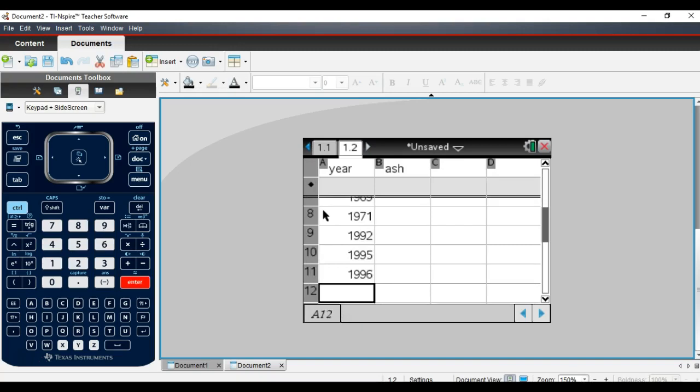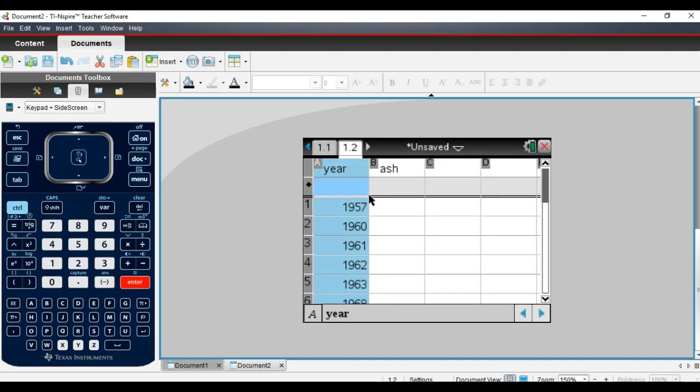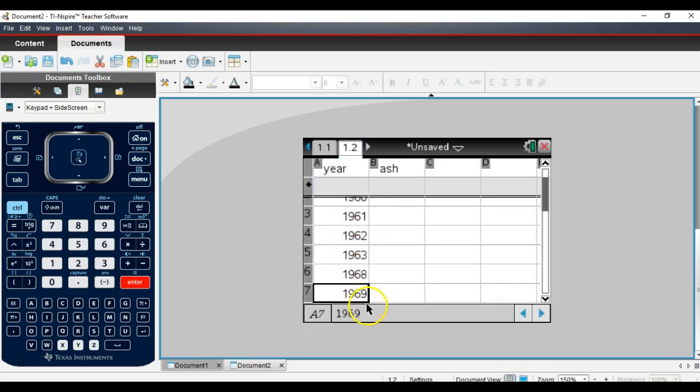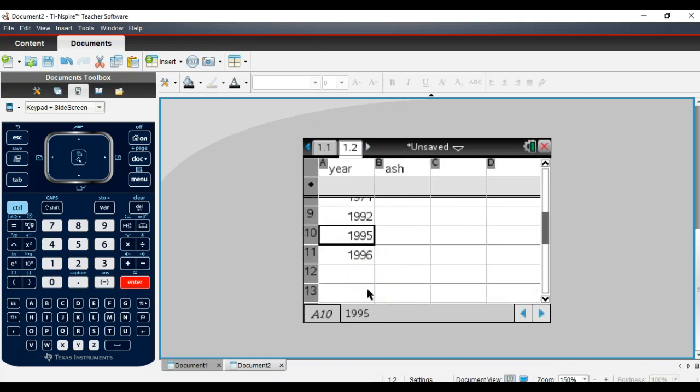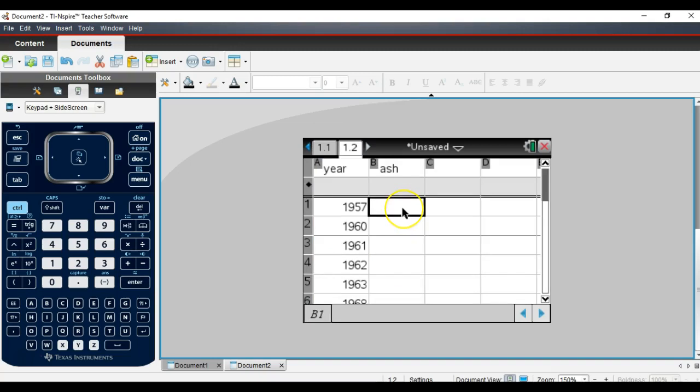So those are the 11 years. Count them: 2, 4, 6, 8, 10, 11. So it's 1957, 1960, 61, 62, 63, 68, 69, 71, 92, 95, and 96. Okay, all those are there.